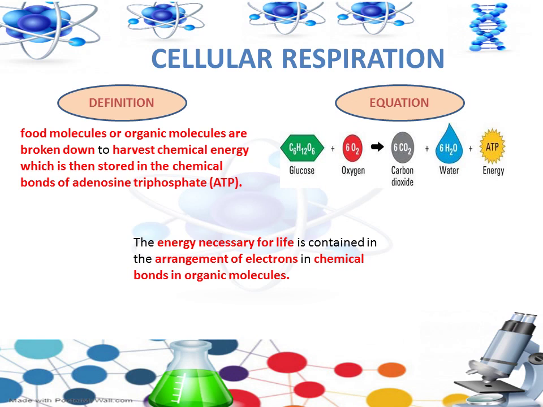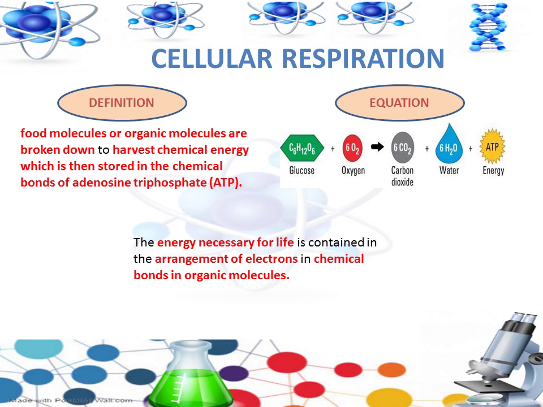When you eat, you will use that kind of food in order to produce ATP. That's why when you see a sick person who cannot eat, he will just lie down, and he has no energy to do activities. Because why? Because there is no food intake. There is no glycolysis happening in order to make ATP, in order to get energy. So that's why a sick person who doesn't eat is weak and will just lie down. He cannot walk, he cannot run, even lifting his hand is difficult.